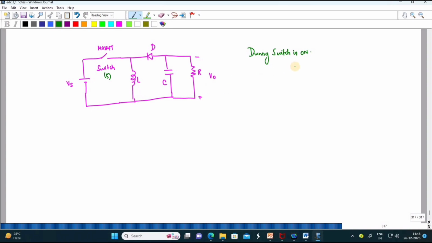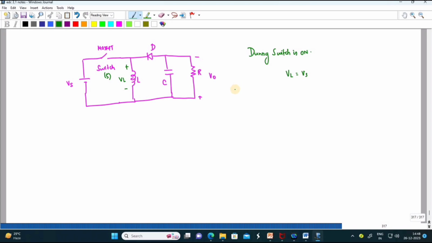So what is the value across the inductance? It is equal to Vs, because the current from the input source Vs will charge the inductance.